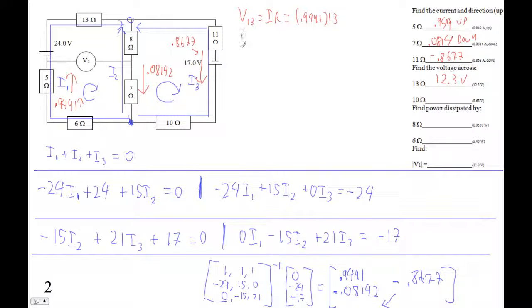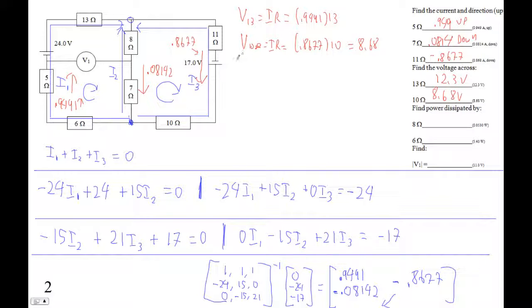And then the voltage on the 10 ohm is IR. And where's our 10? 10 is over here, so that's 0.8677 times 10, which is 8.68 volts. It's just 10 times that.